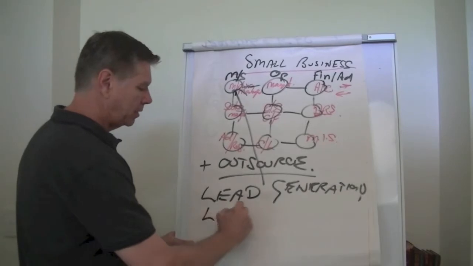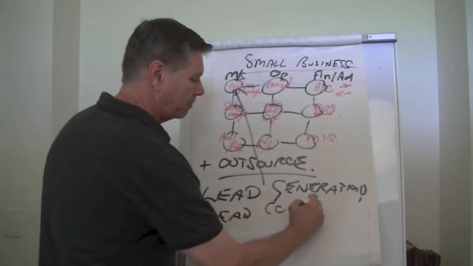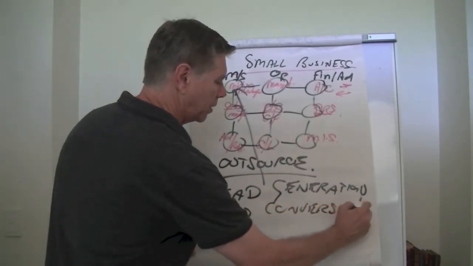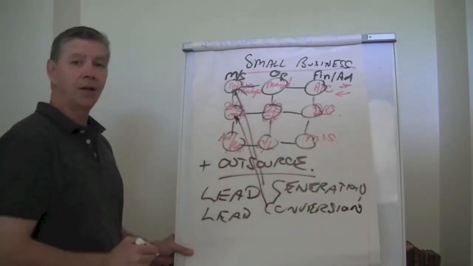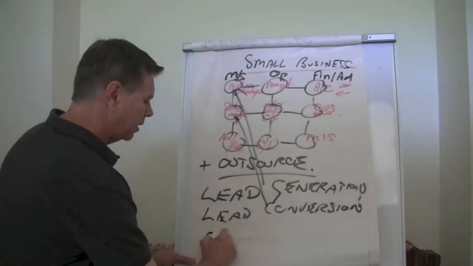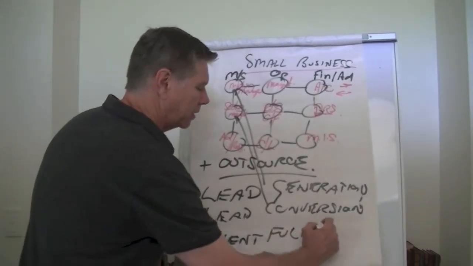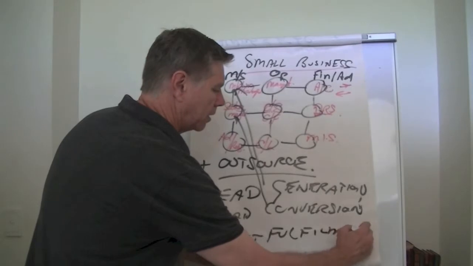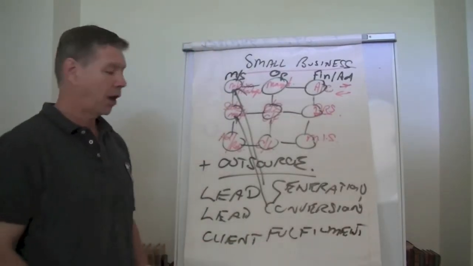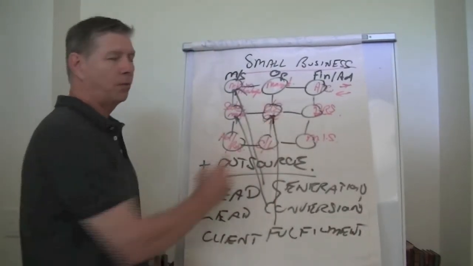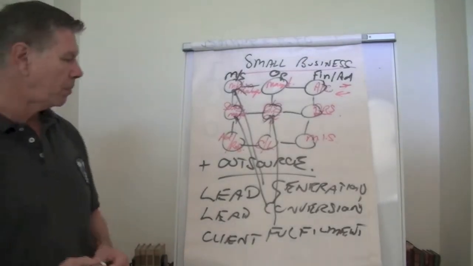There is lead conversion, which is a function of sales. And there is client fulfillment. Remember we spoke about this, client fulfillment, and that's up there with the client fulfillment function.